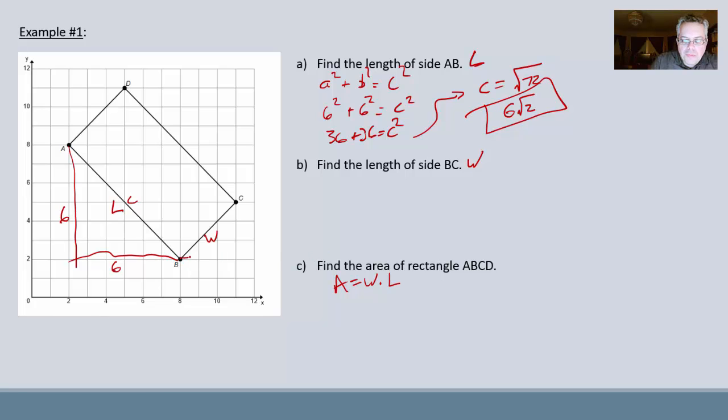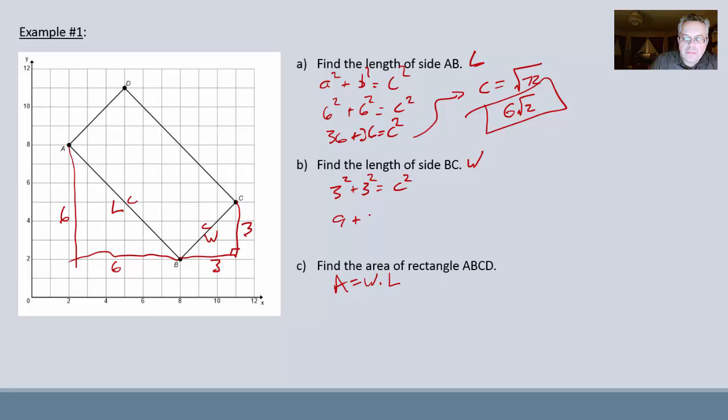Let's see if I can do a little bit better with the triangle. We're going to use this right triangle and the Pythagorean theorem. This side is 3, and this side is 3. So we can use these two legs to find the width, which is the hypotenuse of the right triangle. a squared plus b squared equals c squared.